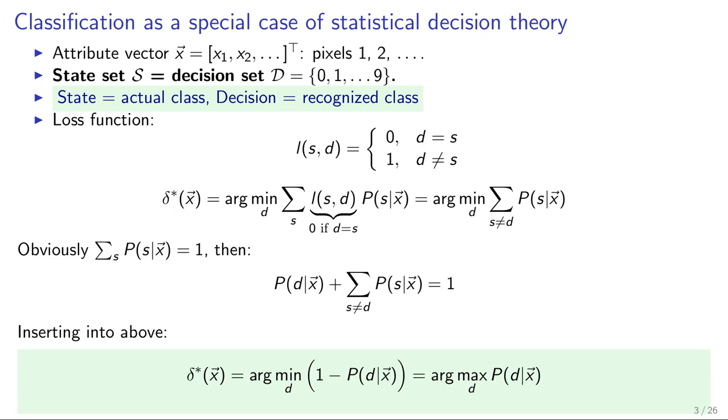We had this example of cooking the dinner, and the special case of that is to use 0 if you classify it correctly. So if the actual class is equal to your recognized class, and you put a penalty or cost of 1 if that is not the case, right? So it's as simple as that, the loss function.